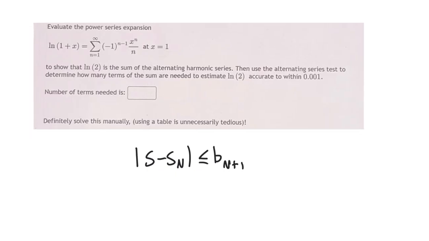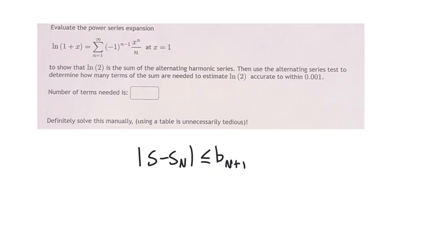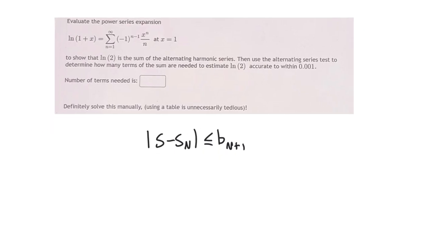Now, all this is saying is if you add up a whole bunch of terms, the error, it's the actual sum of infinite terms minus the sum up to a particular number of terms. And this is the error here. The error after stopping at this amount of terms is no larger than the size of the first term that you omitted. Okay. Now, what might that look like as a concrete example?